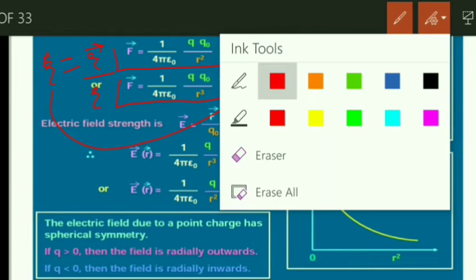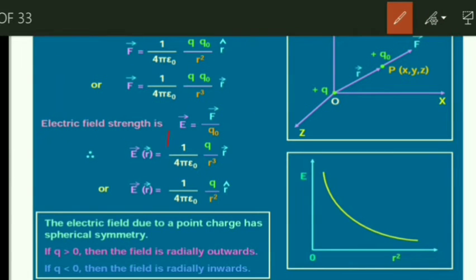Since electric field is force per unit test charge, this can be obtained by simply dividing this electrostatic force by q naught. Then this q naught will be cancelled out, and we will be left with this expression.